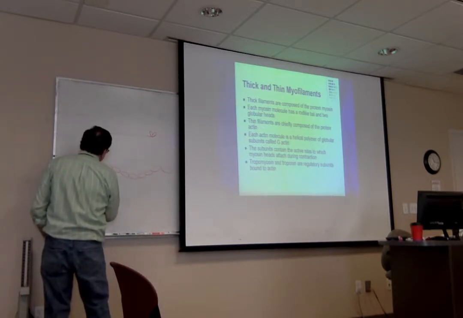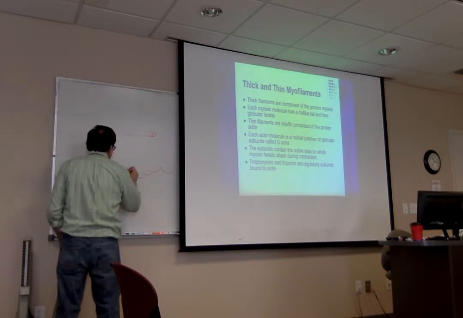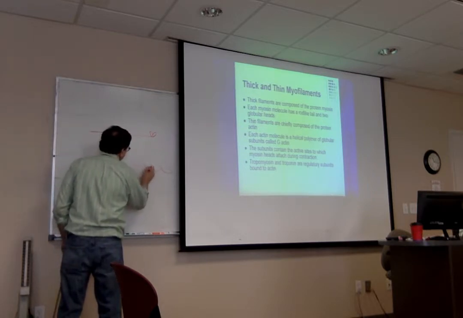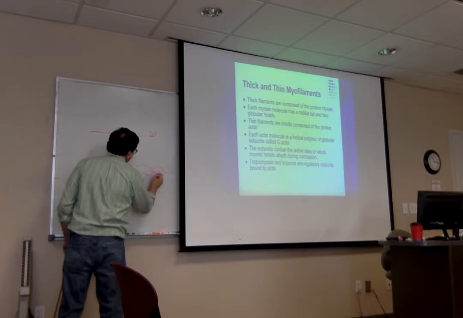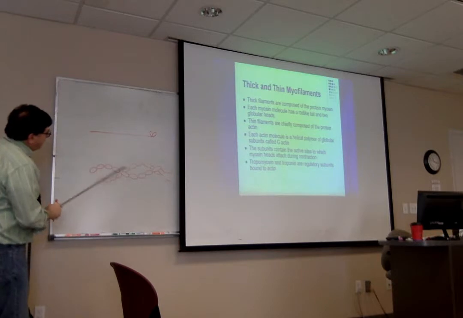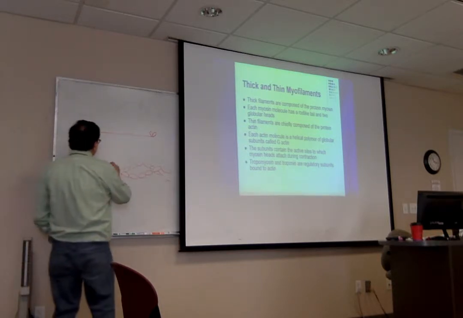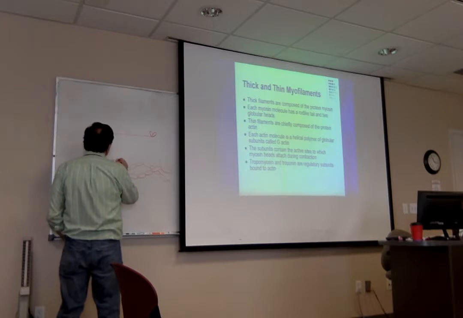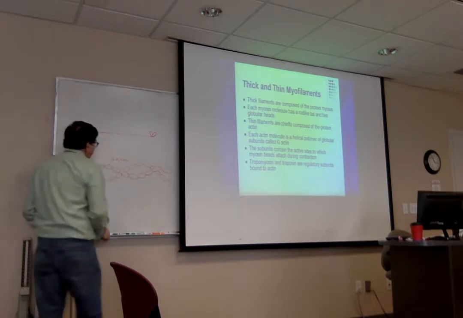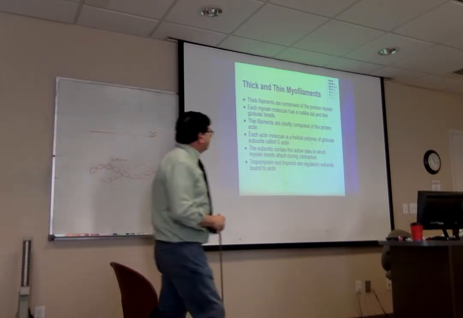That's one component of the helix. Here's the other component. So we have a helical configuration to the thin filaments, and each of these subunits is made up of G-actin. The entire helical molecule would be referred to as actin.